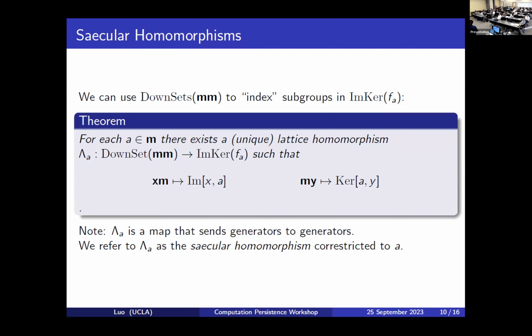We have a lattice homomorphism from the down closed sets to the secular lattice of FA, where x^m goes to m of (x, a) and y^m goes to the curve of (a, y). This maps generators from one lattice to generators in another. We call this the secular homomorphism co-restricted to A, which we denote by big Lambda of A.